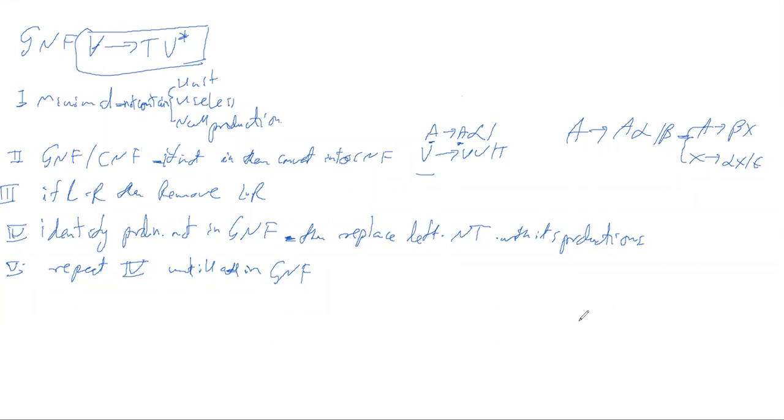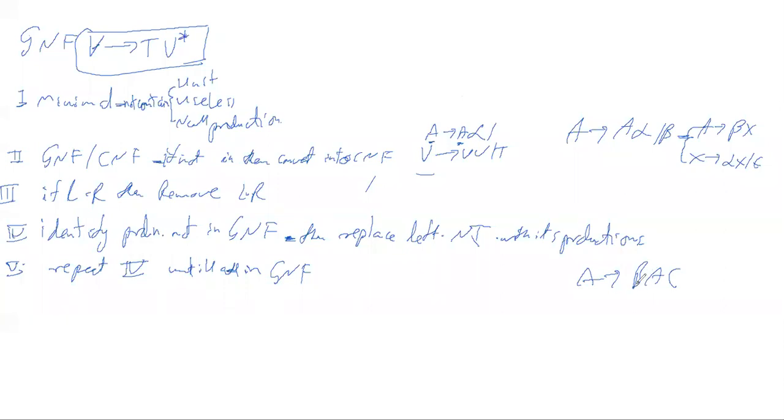Now, the fourth step is identify a production rule which is not in the GNF, and then replace the leftmost non-terminal in the right hand side. What it means is, if you are having a production like A implies BAC, you may have it like this because you already removed the left recursion, so A implies ABC will not come.